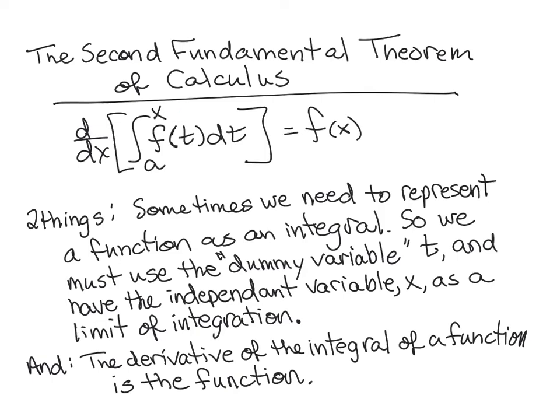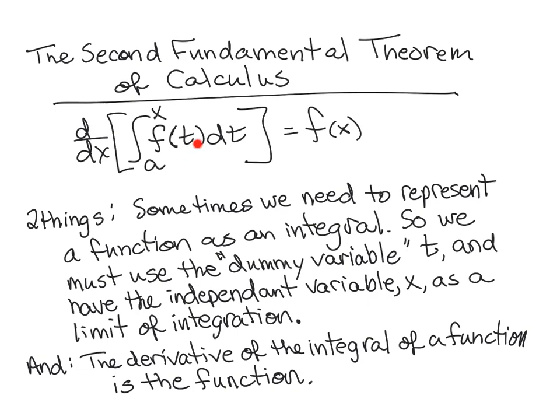Okay? There are some processes where you're going to need to leave it as an integral instead of having the function while you're doing all the processes. Believe it or not, there's some integrals that just can't be done, but you can use this notation in the process of your work. And so we call t a dummy variable.